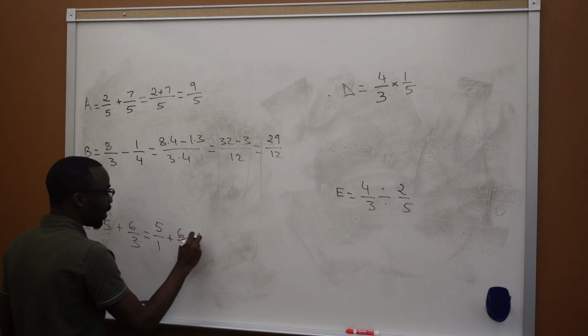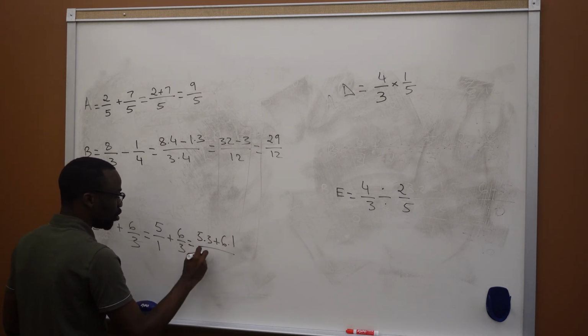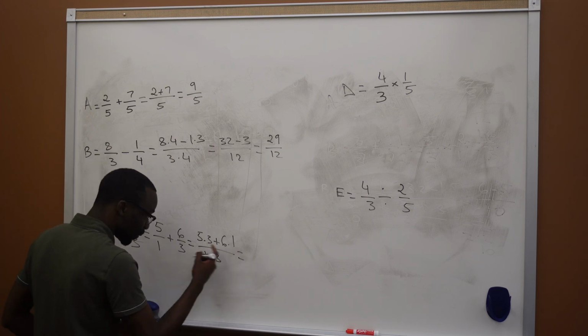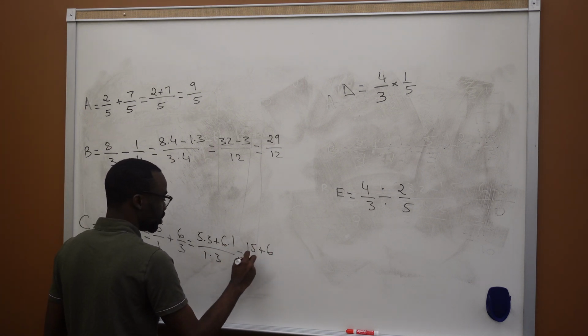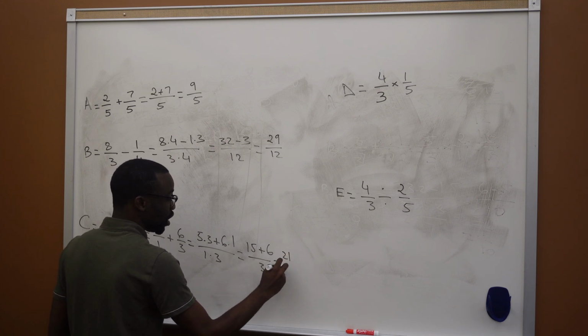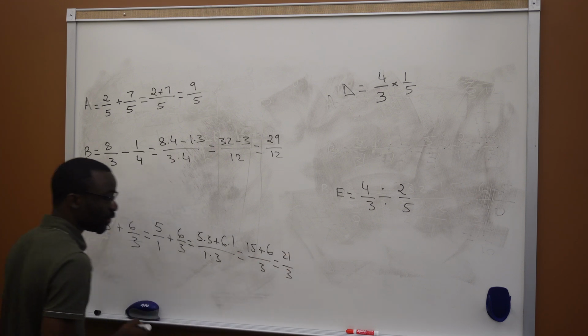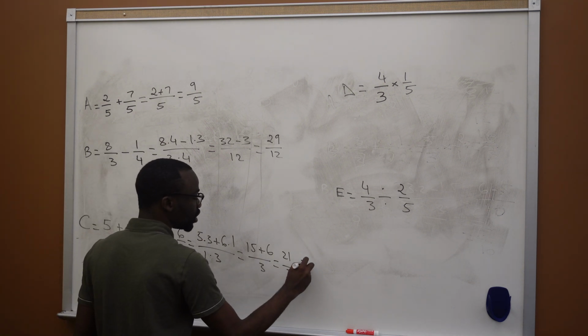So it will be 5 times 3 plus 6 times 1 over 1 times 3, which is 15 plus 6 divided by 3, which is 21 divided by 3. Can I simplify it? Yes. What's 21 divided by 3? That's 7.